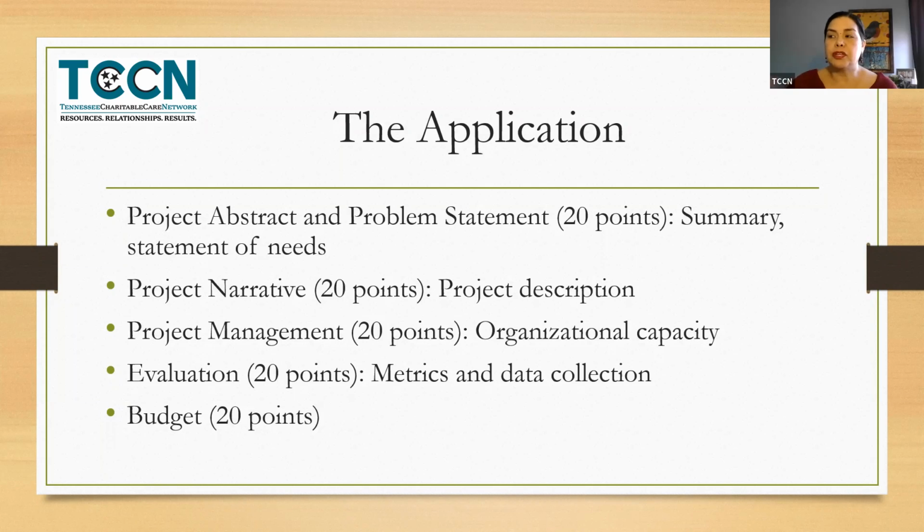Then you have the project narrative. And again, we're going to visit each one of these sections in a minute. The project narrative is your full project description. And that is where you need to explain exactly how you're planning on doing it, how you're going to address the needs that you mentioned or briefly described in the first stage.